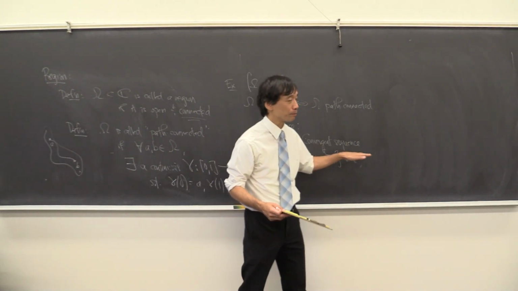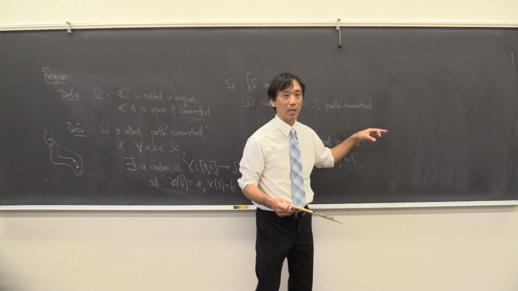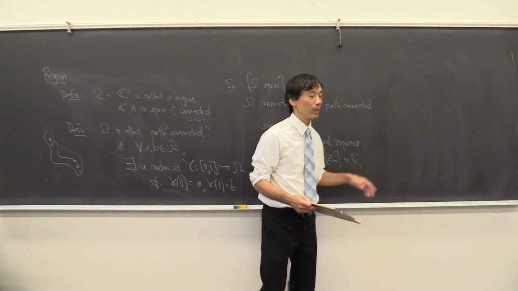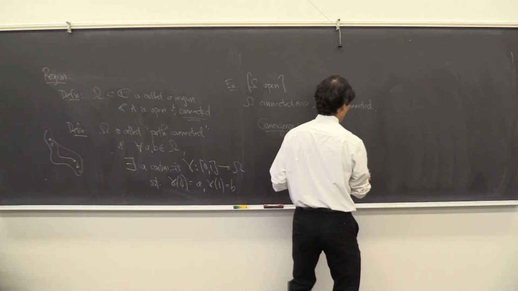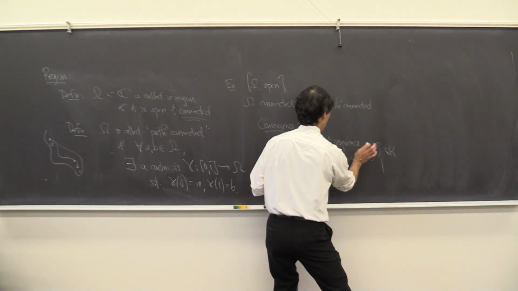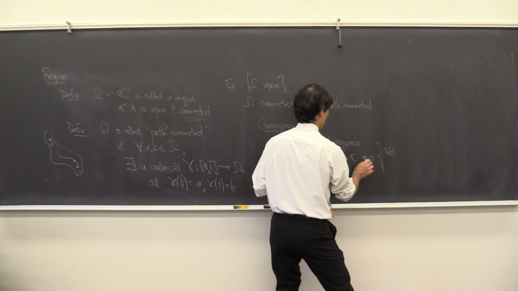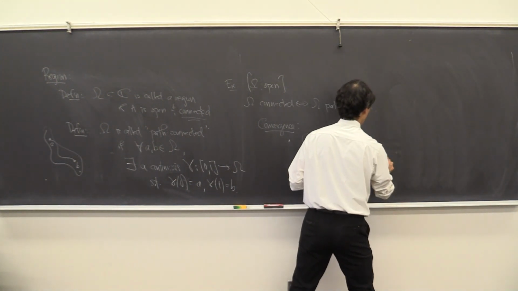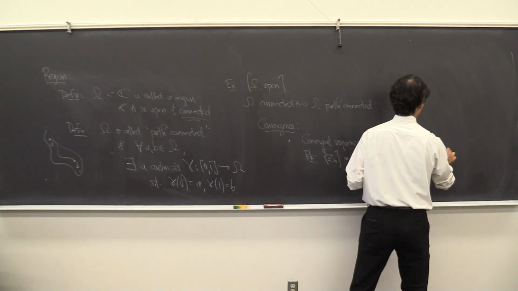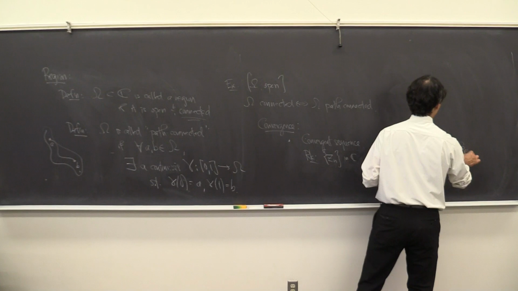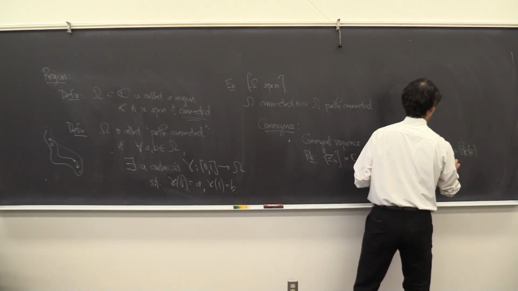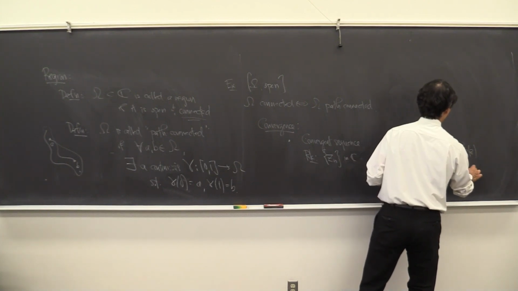To check the convergence of a complex sequence, you just check the convergence of the component sequences. So Zn converges to Z if and only if the real part of Zn converges to the real part of Z, and the imaginary part of Zn converges to the imaginary part of Z.